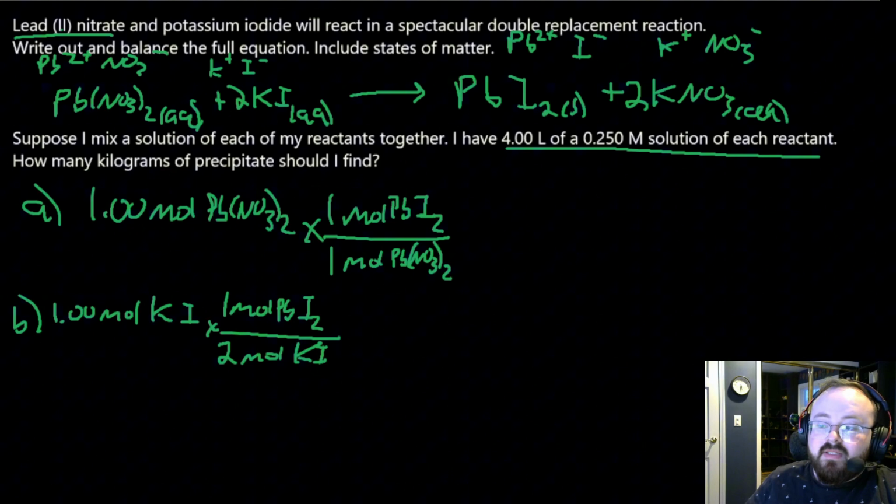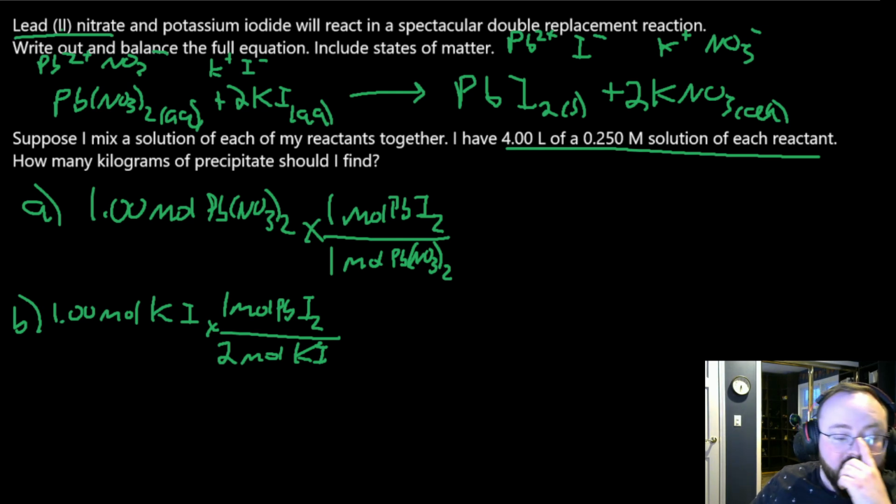Alright, so I've set up my two reactants. And I actually don't need to do both of these because I started out with the same amount here. If we look at this amount right here, I started out with 1 mole of each of my two reactants. But I need double the amount of potassium iodide. I need 2 potassiums and 2 iodides every time I do this reaction.